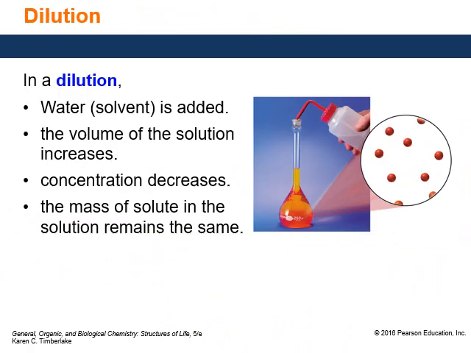Next concept is dilution. A very common process that is used in chemistry is that a concentrated solution is prepared at once, which is called the stock solution, and then different, dilute concentrations of solution can be prepared using that stock concentration.